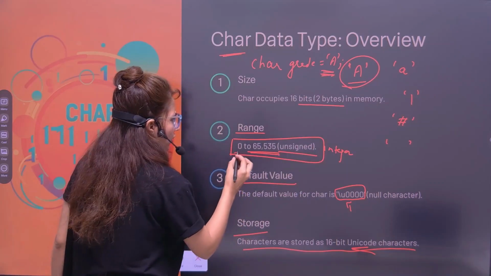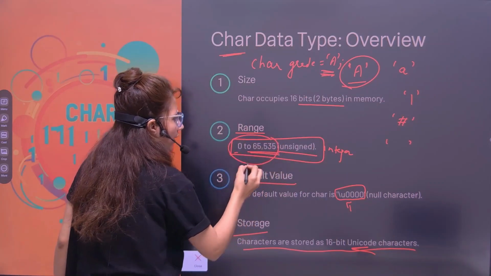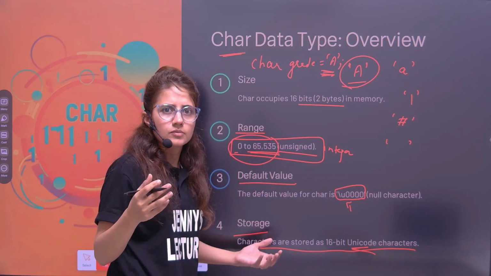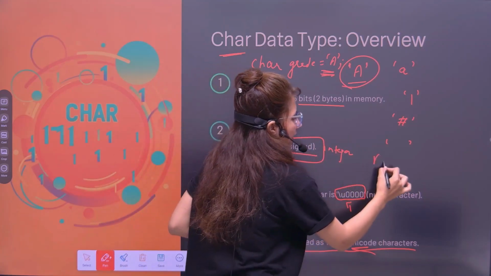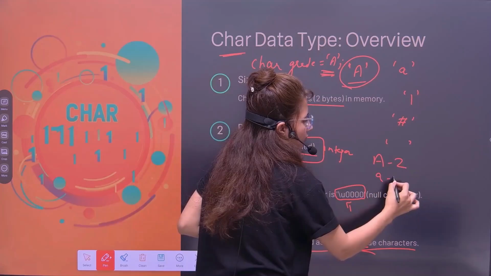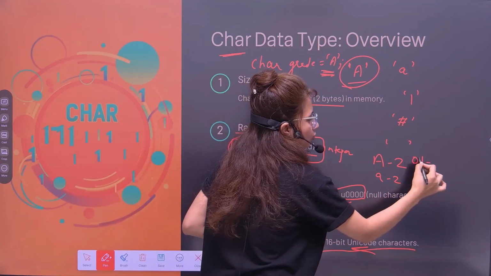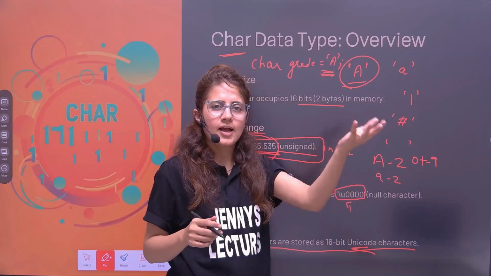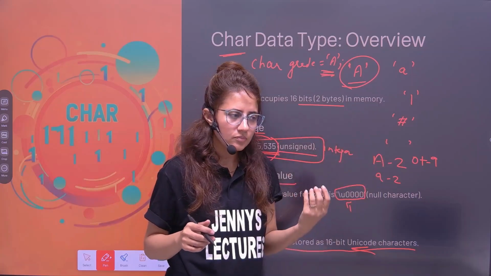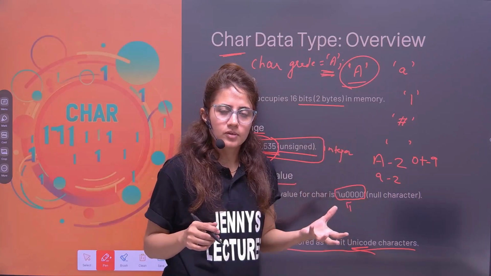Now maybe you are wondering, why 65,000 characters, why this range? Because generally we only see the alphabet A to Z, small a to z, numbers 0 to 9, and some special characters like hash and other symbols.